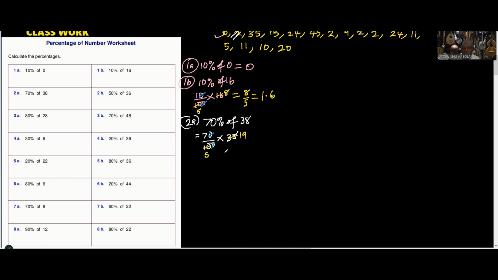So all I have left here is 7 times 19 divided by 5. So 7 times 19 is going to give me 133.